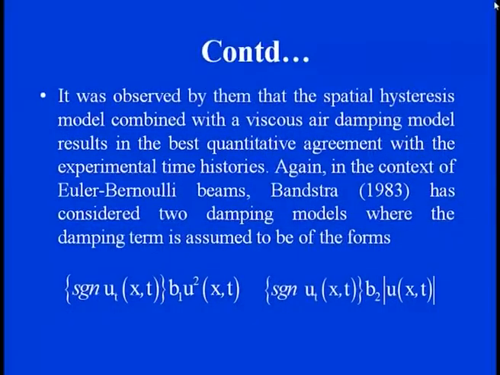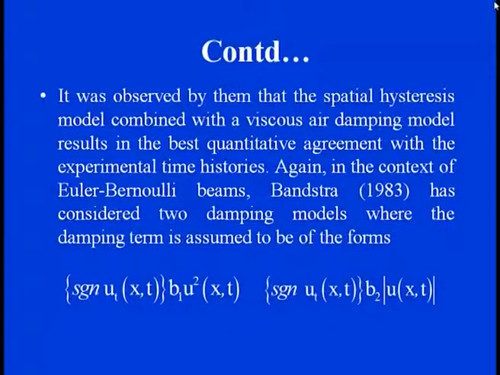And again in the context of the Euler-Bernoulli beams, which was discussed by Bendasta in 1983, two bending models have been assumed here. One is sine u1(x1, t) b1 u1 square (x, t), in which the sinusoidal feature of the velocity along with a parabolic variation is considered, and the second is the form in which the damping term is assumed as sine of u(x1, t) into b2 u(x, t).